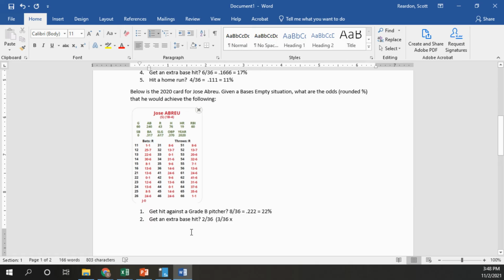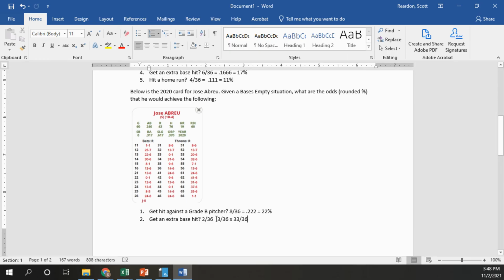Everything else can be a home run or a double. I don't see any 2s for triples up there. So 3 7s. Assuming he goes to the second column, he has a 3 out of 36 chance. That's a lie. A 33 out of 36 chance of getting an extra base hit in the second column.